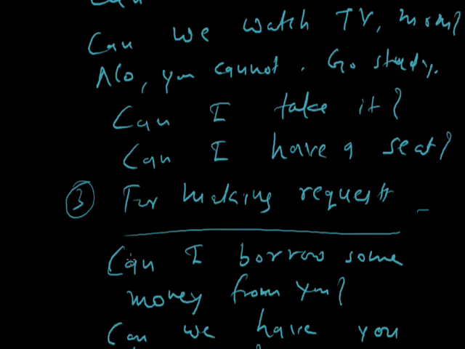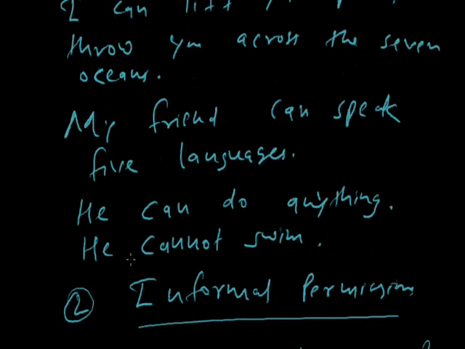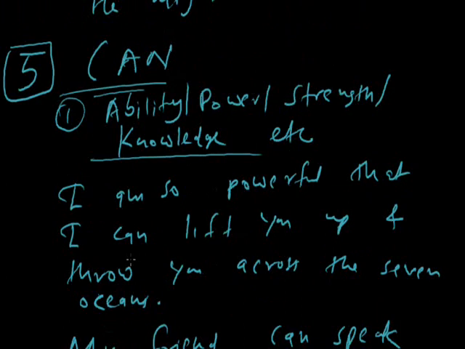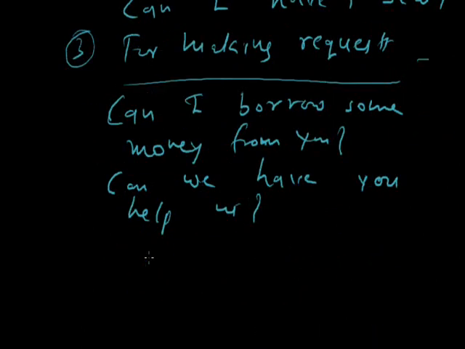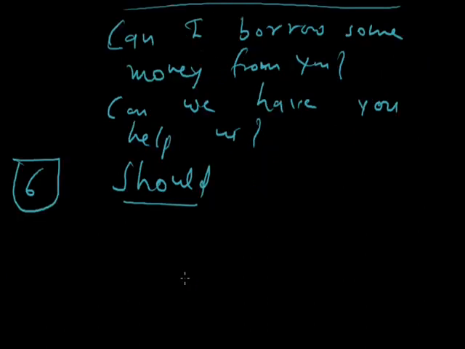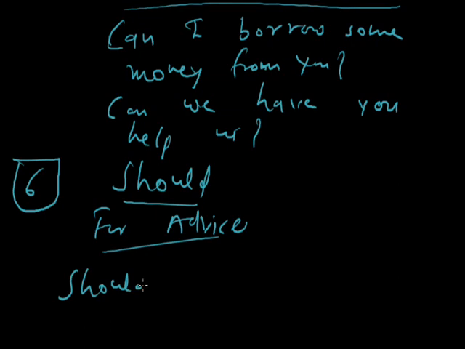The next model. This was can, and it was the 5th model, and then we'll do the 6th model, which is the last model today. Then we'll proceed next time. The 6th model is should. It is for what? You all know this. For giving and taking advice. Clear? Should I go there?